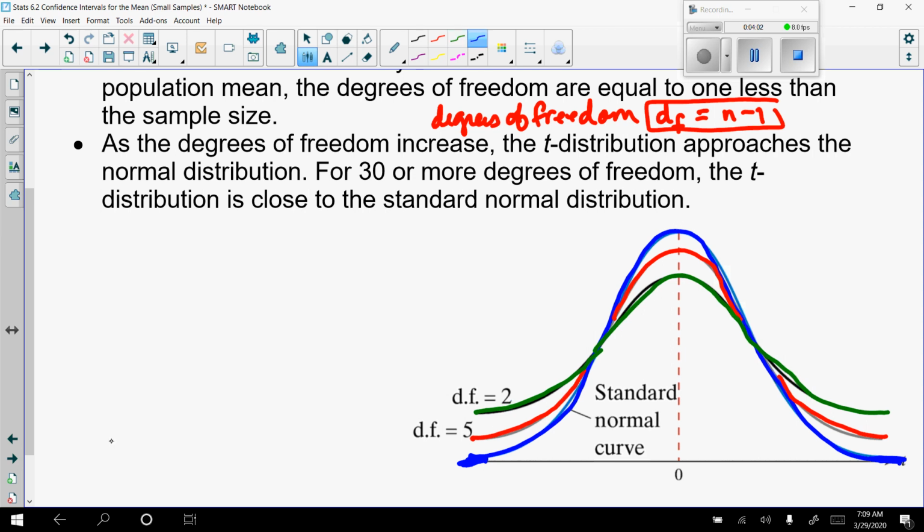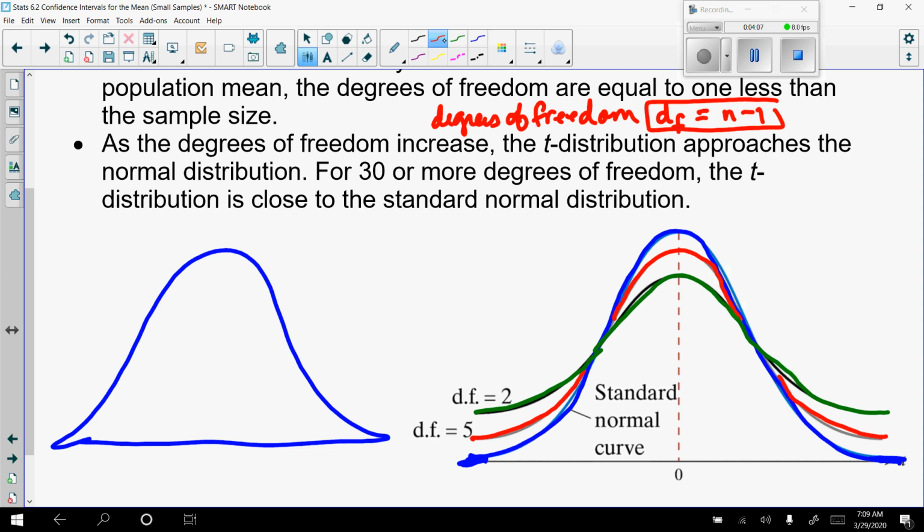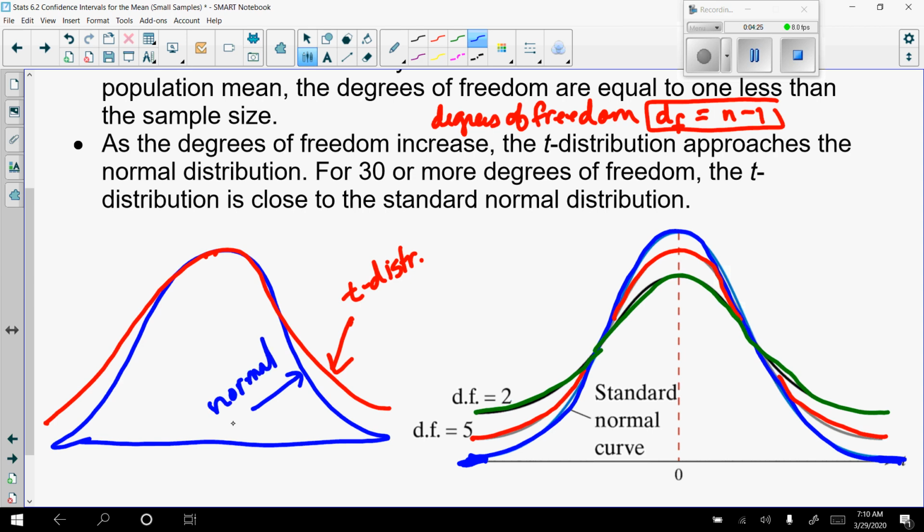Okay? So again, your normal model would look like this, and your t-distribution has thicker tails. And the thickness of the tail depends upon the degrees of freedom.